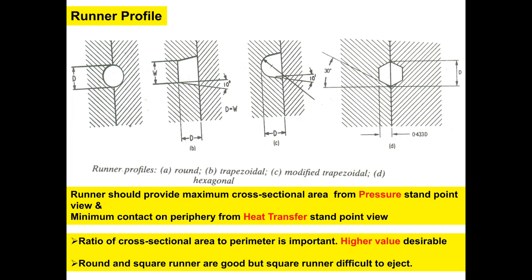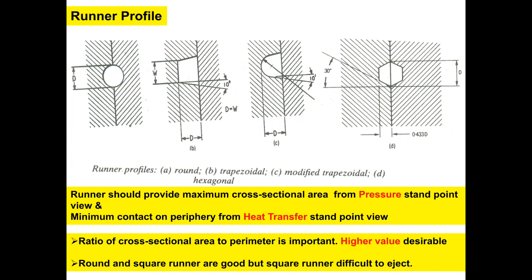While selecting the runner, the ratio of the cross sectional area of the runner profile to the perimeter of the runner profile is very important. The runner should provide maximum cross sectional area from the pressure standpoint and minimum contact on the periphery from the heat transfer standpoint. So this ratio, cross sectional area to the perimeter, is very important, and a higher value is desirable.